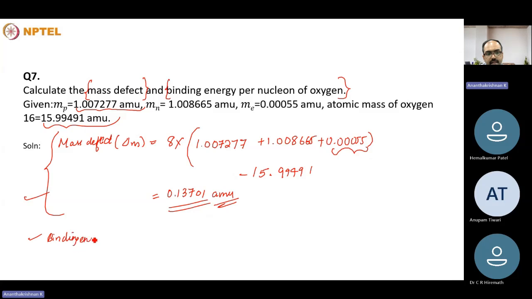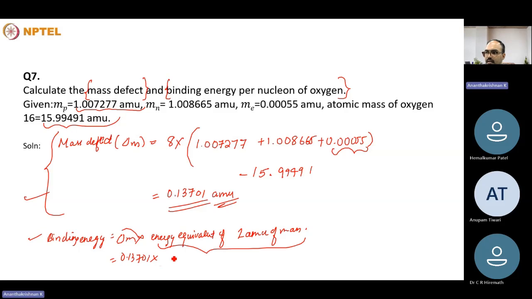Binding energy is equal to this mass defect, delta M, times the energy equivalent of 1 AMU of mass. How to calculate this?